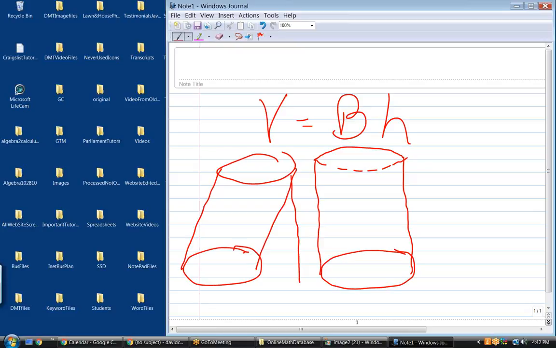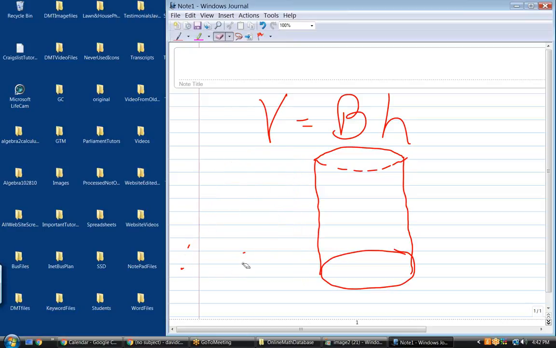Still the area of the base times the vertical height. So as long as you're talking prisms or things that look like prisms, it's a simple formula like that.